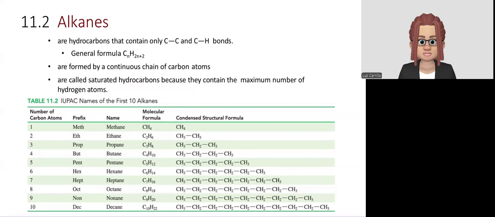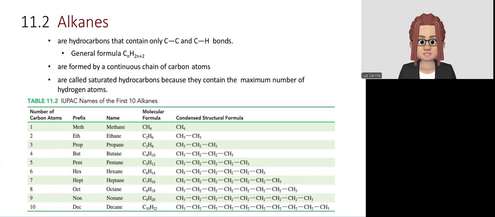And eventually, as we build our nomenclature rules for the different functional groups, we're going to learn how to name compounds. I suggest that you memorize the number of carbons, the corresponding prefix, and in a moment, the ending for naming a particular functional group.